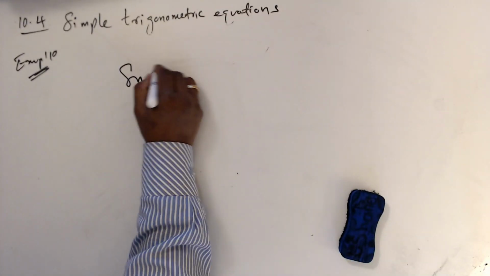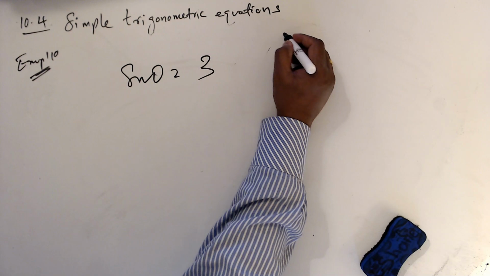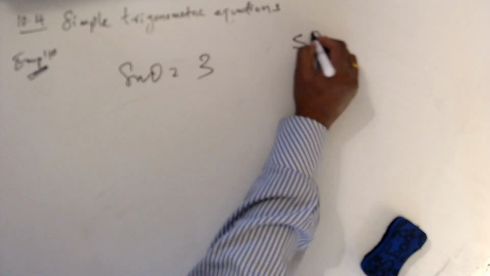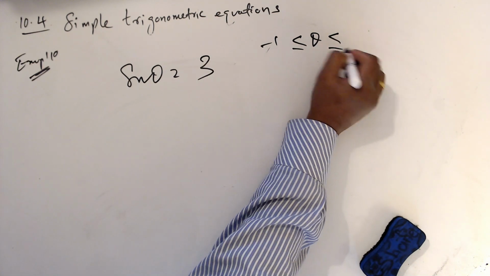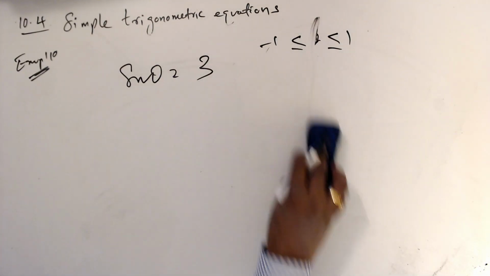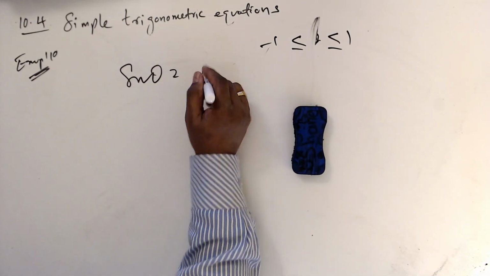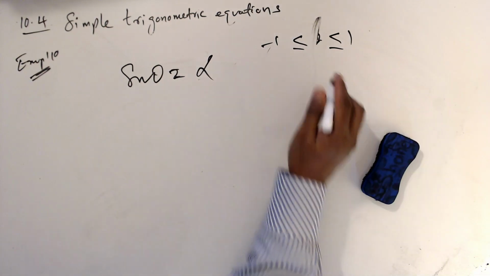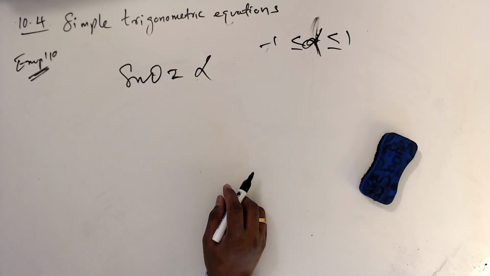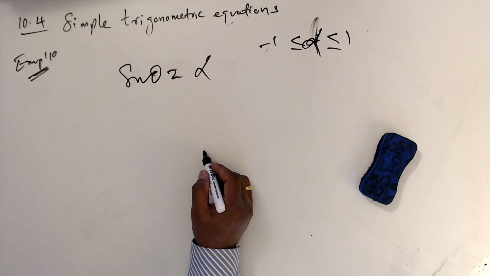I wrote sine theta equals 3 and then I said theta has to be between minus 1 and 1, not theta. This value, I will take it as alpha. Alpha has to be between minus 1 and 1. Theta can be any value.